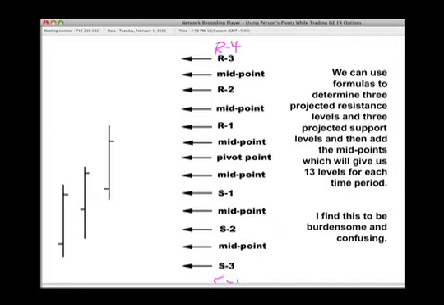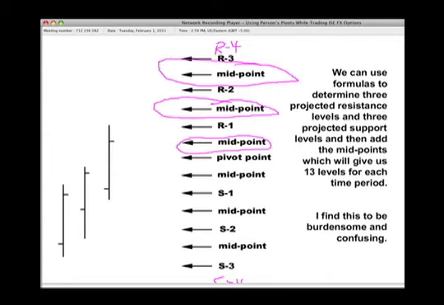And I know a lot of people like to use these midpoint numbers. Personally, I find using all of this information a little cumbersome and a little bit burdensome because there's just too much data on my charts.